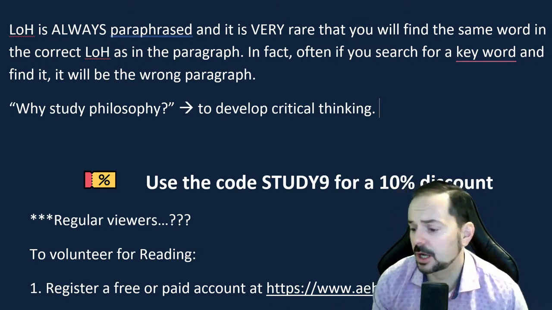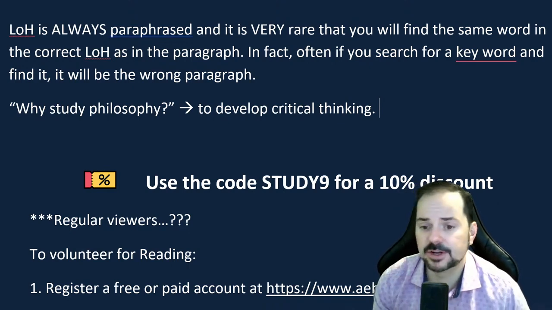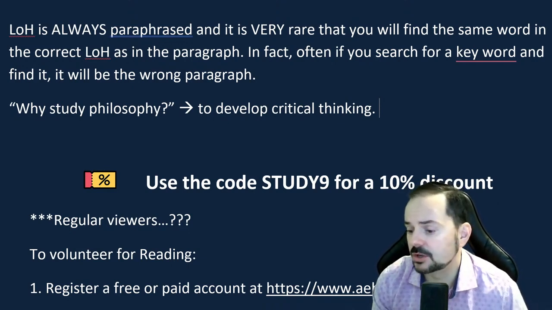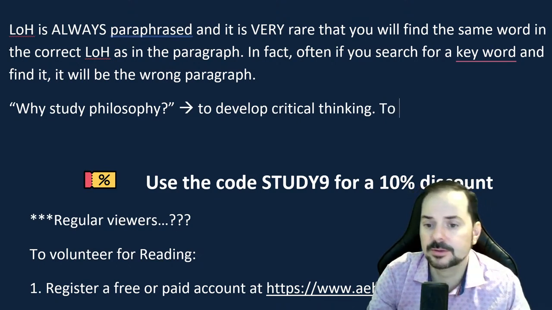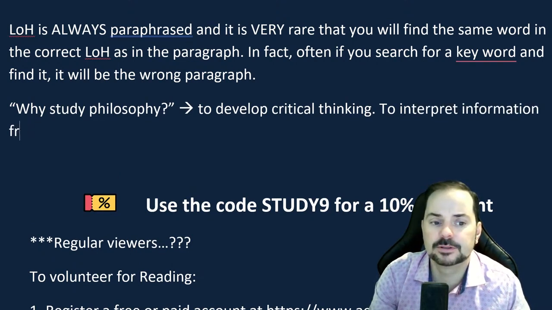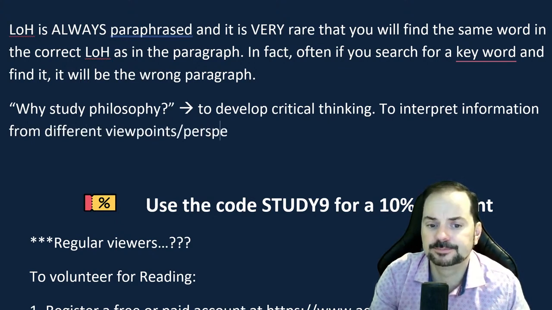Chen, very good. Chen says to see information from various viewpoints. Yeah, or Chen, you could say perspectives, right? To understand or to interpret information from different viewpoints or perspectives. Very good.